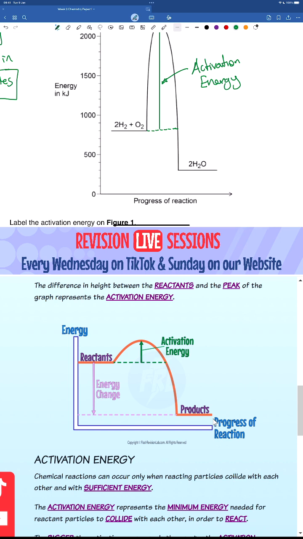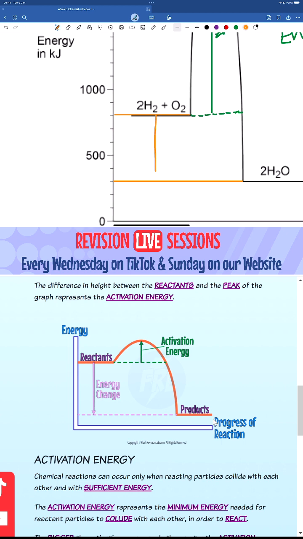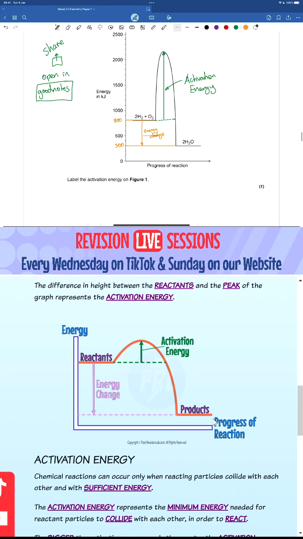Reactants is here, and products is over here. So from here to here, that's the energy change. So we need to take that reading. What do you guys think that is? Yep, well done guys. So here this is 800, down here we got 300, so you just subtract the 2 and you get 500.